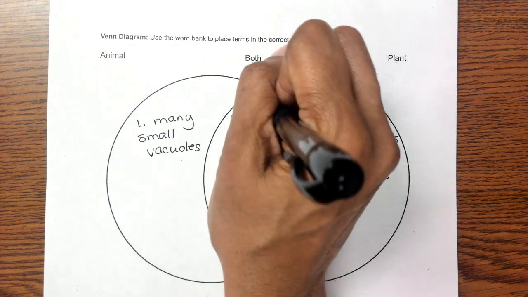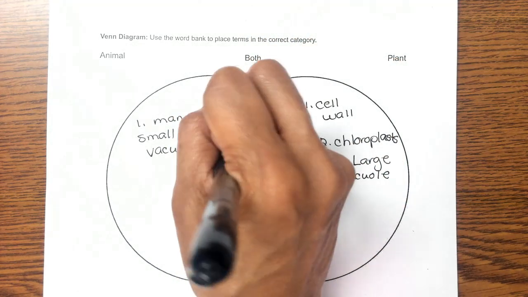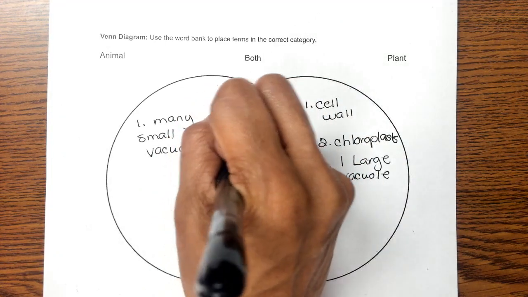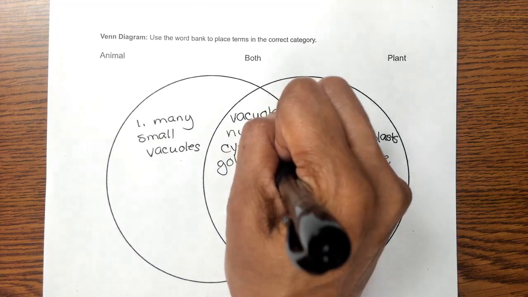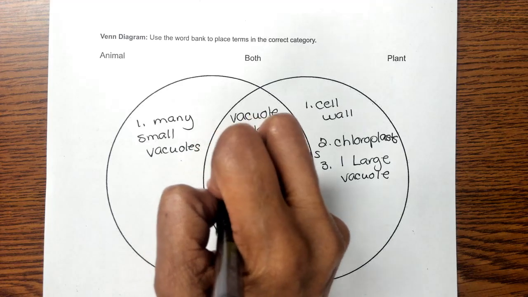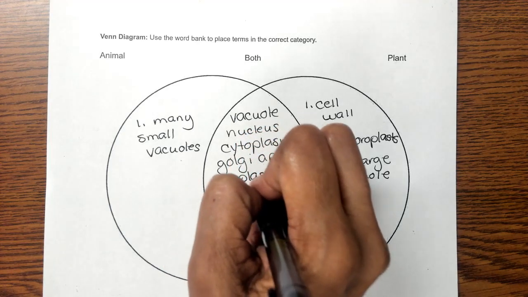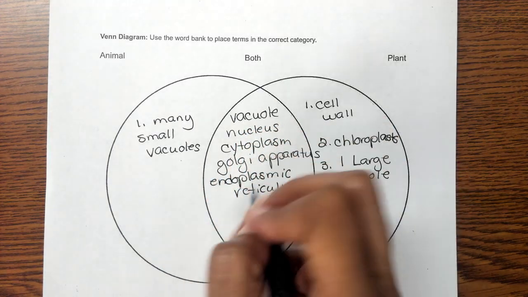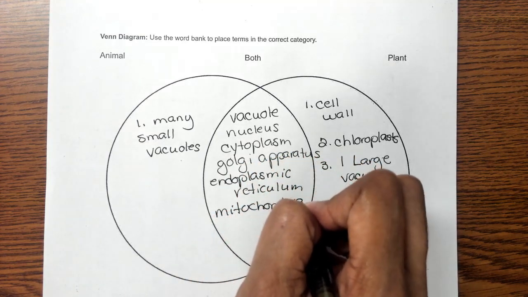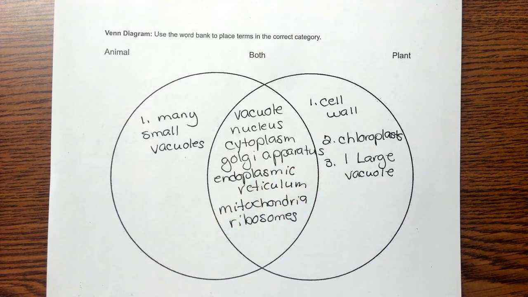So they have vacuoles, a nucleus, cytoplasm, a Golgi apparatus, endoplasmic reticulum, mitochondria, and ribosomes. Okay.